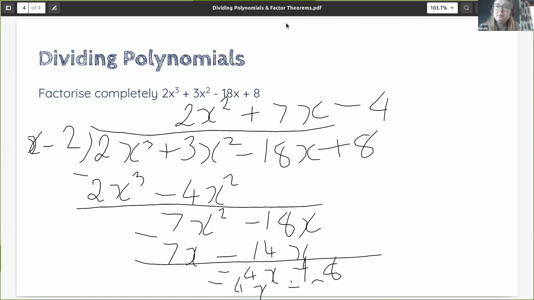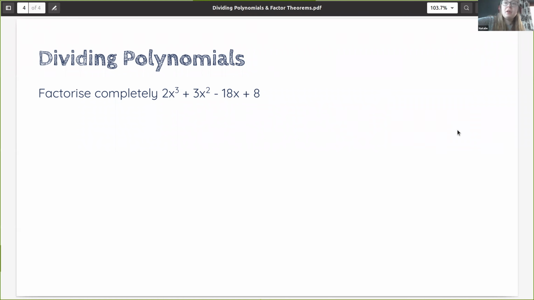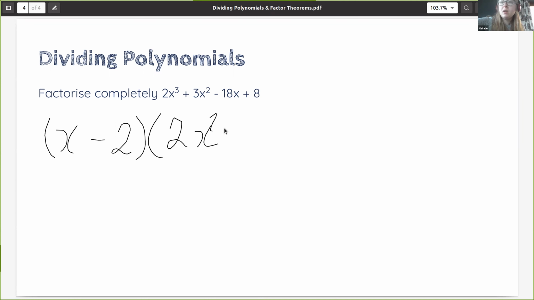That's our dividing. So we've now got that 2x cubed plus 3x squared minus 18x plus 8 becomes x minus 2 times 2x squared plus 7x minus 4.